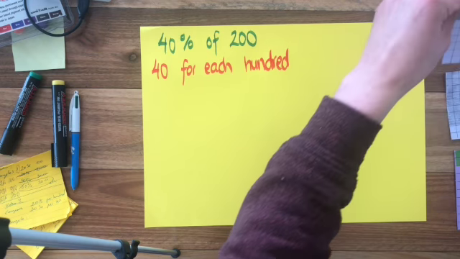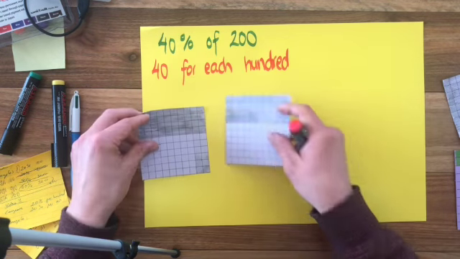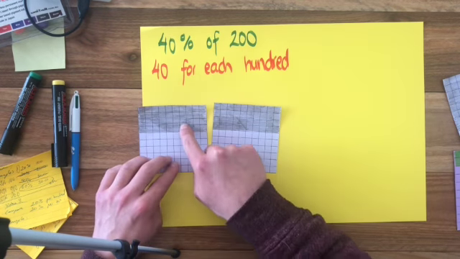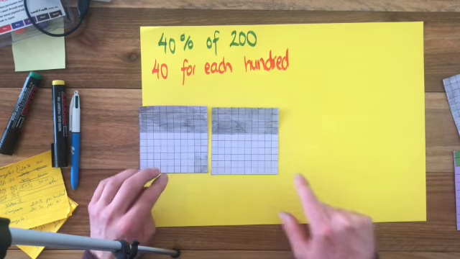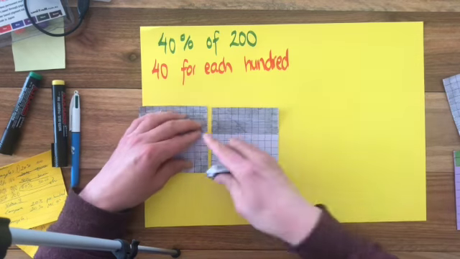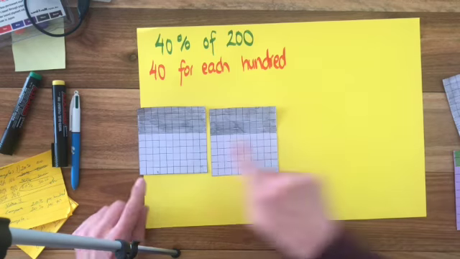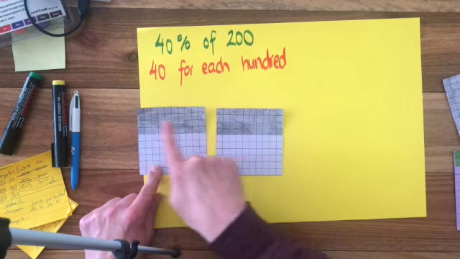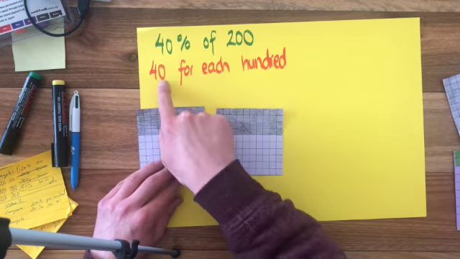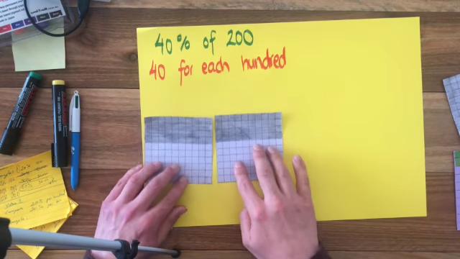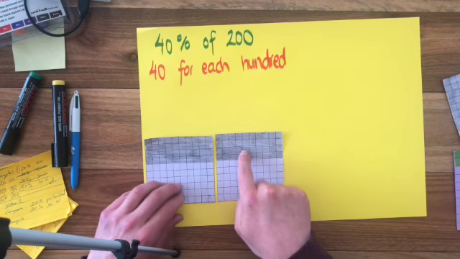I've got 200s, and there are 40 shaded in of each. Now you can see that I reuse this. Each line is 10, 10, 20, 30, 40. 40 for each 100, and if there are 200s, you can see that it equals 80.